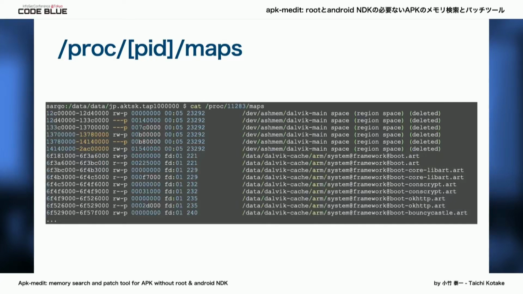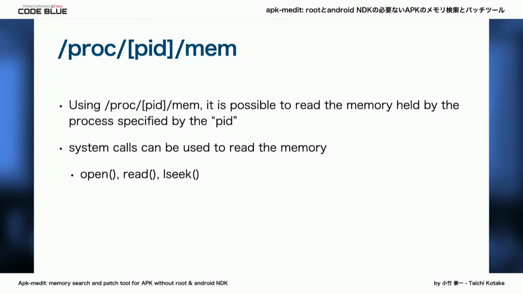The memory map looks like the following image. It contains a range of addresses, permissions, and process names. Using proc PID mem, it's possible to read the memory of the process specified by the PID.